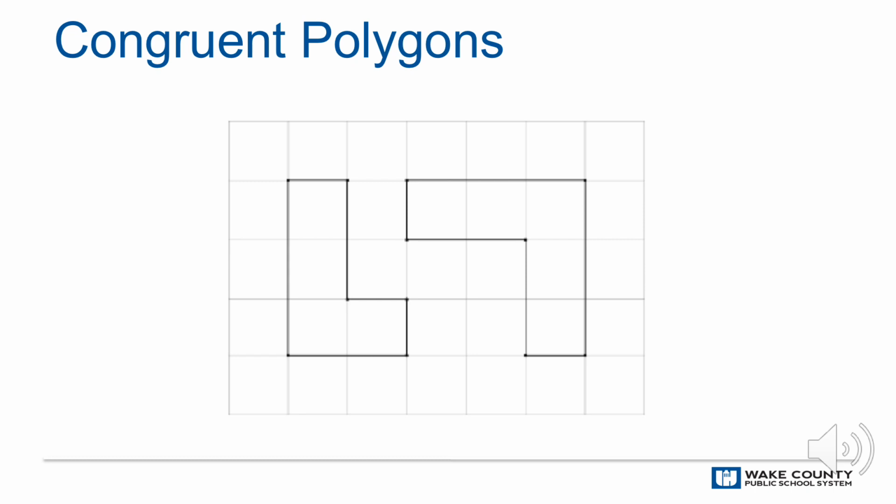The figure on the left has side lengths 3, 2, 1, 1, 2, 1. The figure on the right has side lengths 3, 3, 1, 2, 2, 1.